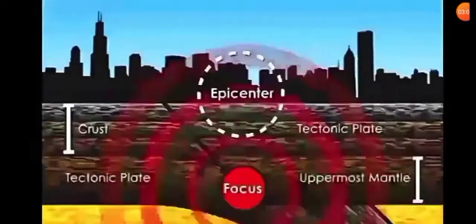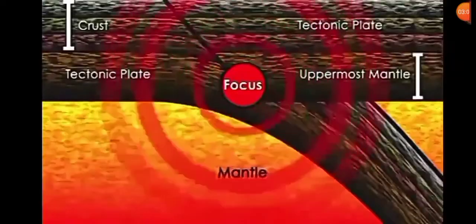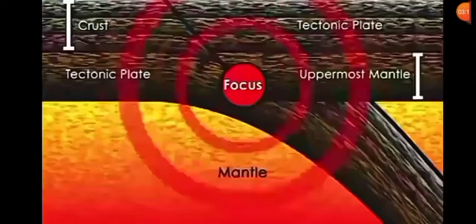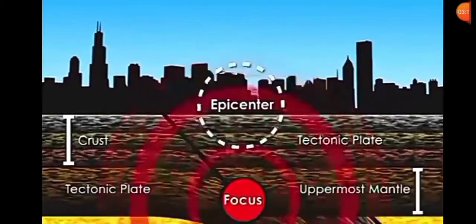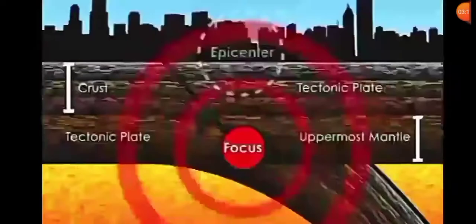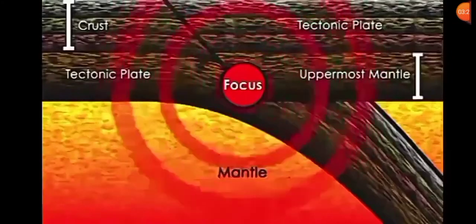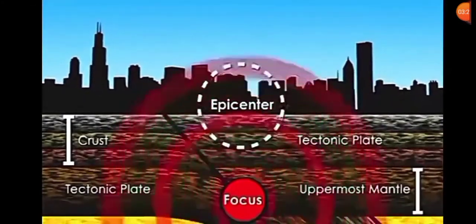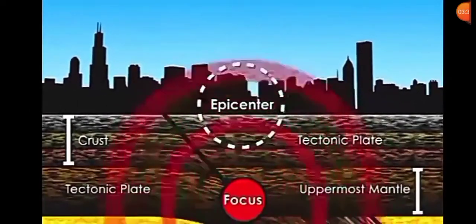The next topic is the earthquake, how it happens. When the lithospheric plates move, the surface of the earth vibrates, and the vibration can travel all around the earth. These vibrations are called an earthquake. The place in the crust where the movement starts is called the focus. The place on the surface above the focus is called the epicenter, and the vibrations travel outward from the epicenter as waves.